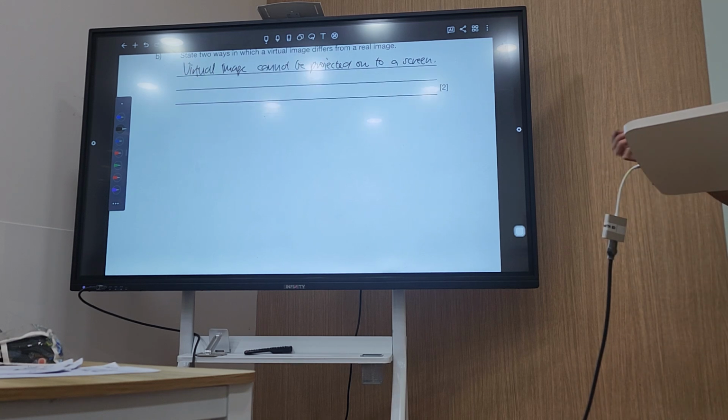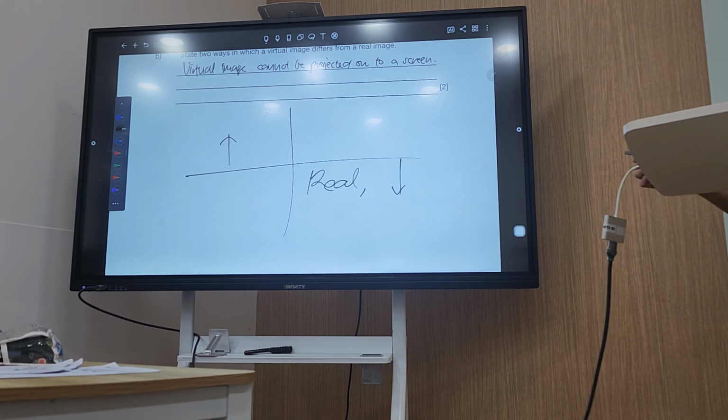You can just draw reference to your normal converging lens and realize that every time you have a real object here, what's another property that you'll share? If I have an arrow like that, you'll point this way. It is inverted.